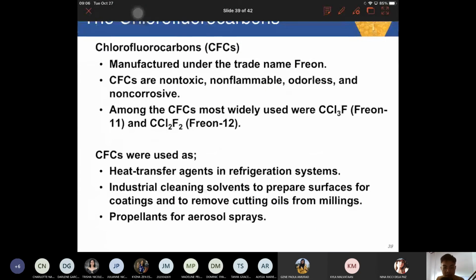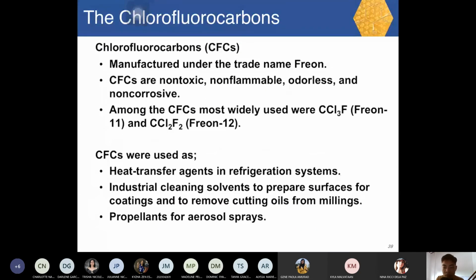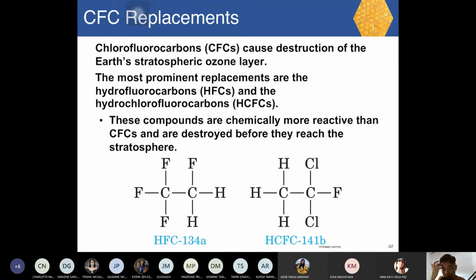Ayaw naman natin mabuhay sa mundo na puro UV rays yun nasa paligid, na every time na lalabas tayo, sunscreen. Parang ngayon, no? Pagkada labas natin, naka-face mask tayo, naka-face shield, no? Pagbutas yung ozone layer natin, kada labas natin, kailangan natin sunscreen. So, to prevent that from happening, gumamit sila ng replacements, no?